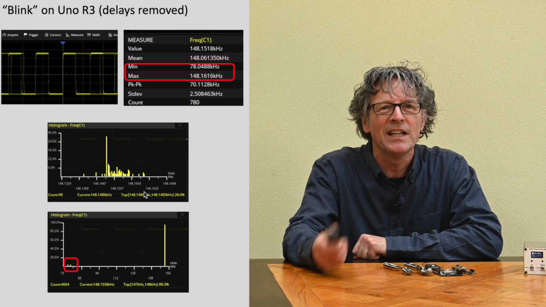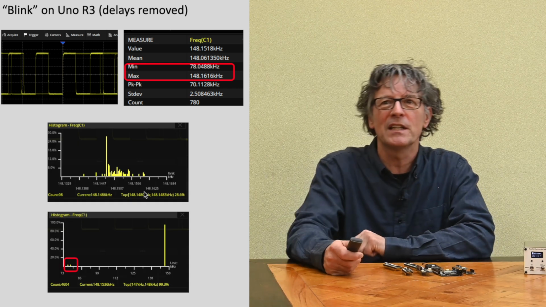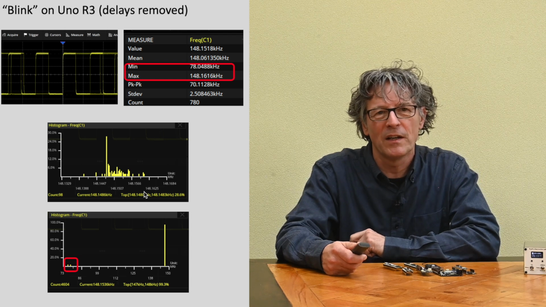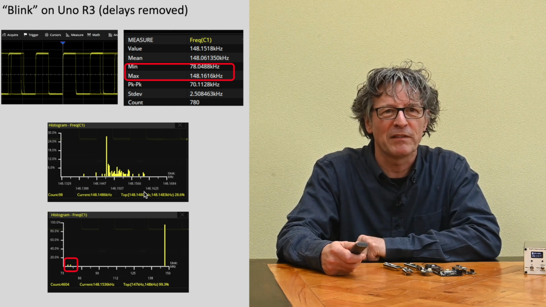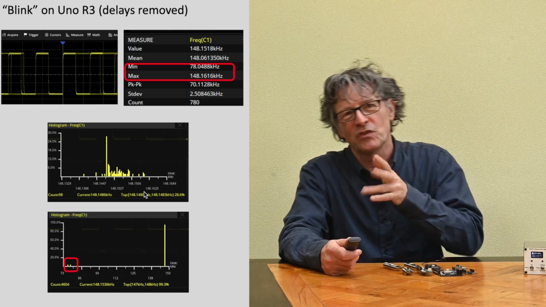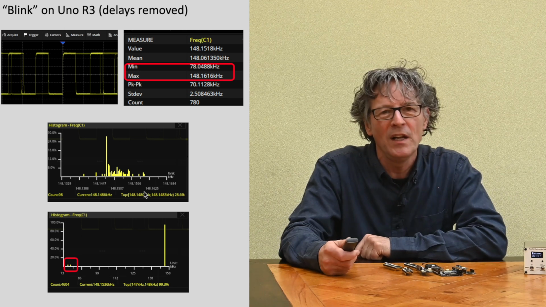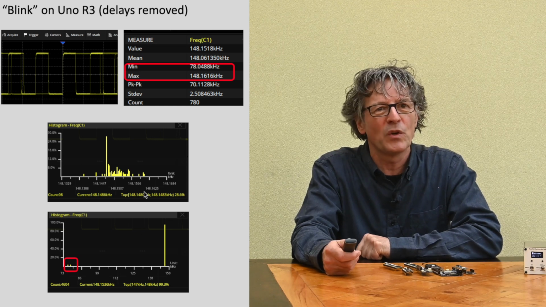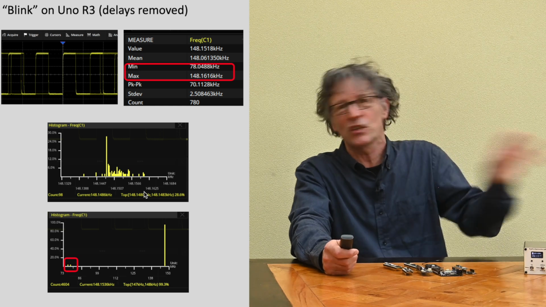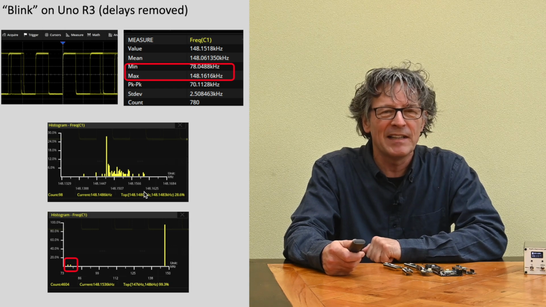And then if we use this nice histogram, which is built into the Siglent oscilloscopes, if you let the code run for a very short time, you already see some deviation around what I would say is the default clock frequency that we would be expecting. But if you let it run a little bit longer, we also get to see that sometimes it just goes to a clock which is only half the speed or lower than the expected clock.